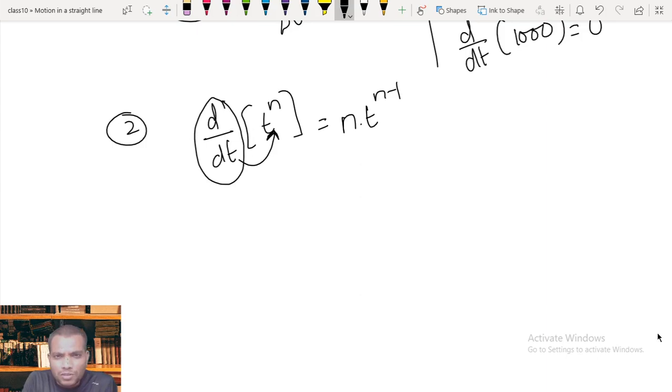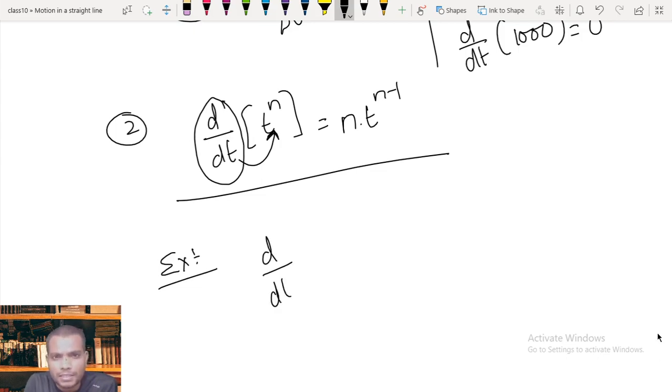Let me take an example of this formula. Suppose you want to find d by dt of t power 9. Here n equals 9 and the variable is t itself.